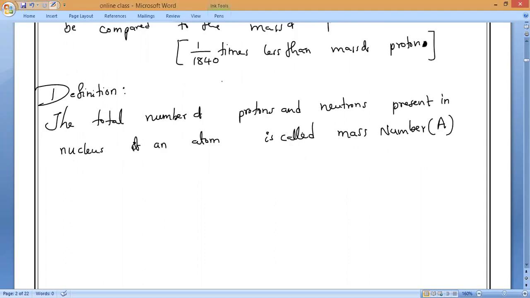Right, next, significance of mass number. What is the symbol of mass number?